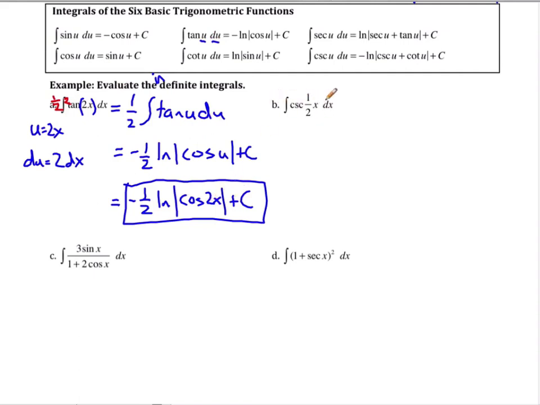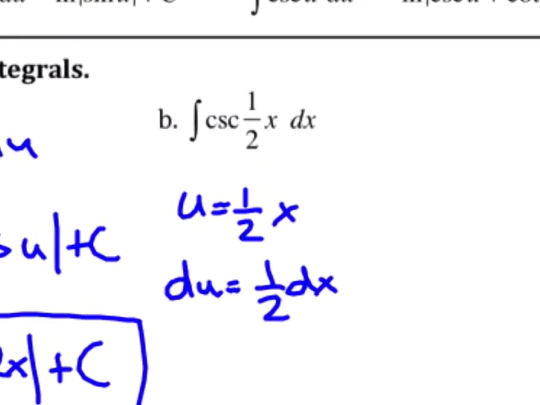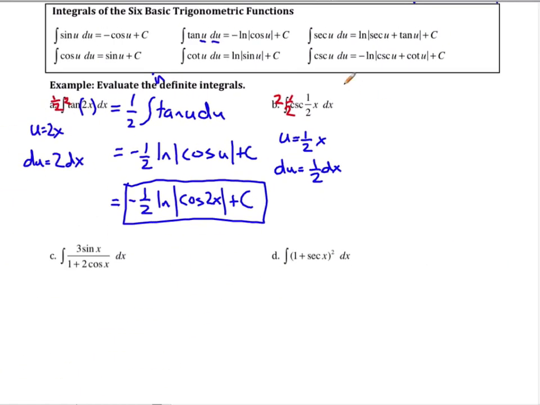Alright, so for letter B, what do you think u should equal? Well, it looks like u is going to be 1/2 x, which means du is going to be 1/2 dx. So what are we missing? Well, we're missing a 1/2 on the inside, meaning we're missing a 2 on the outside. So let's change our variables now.